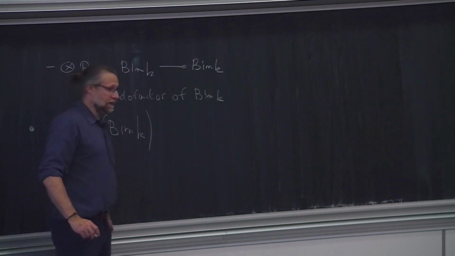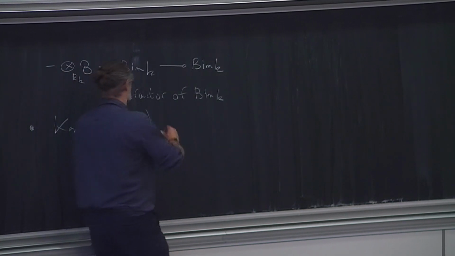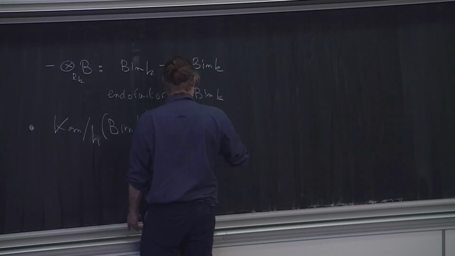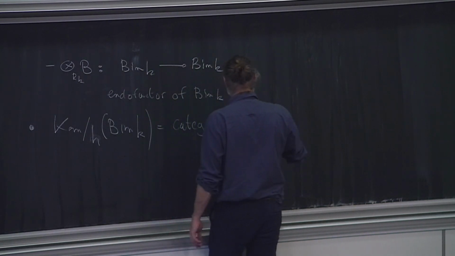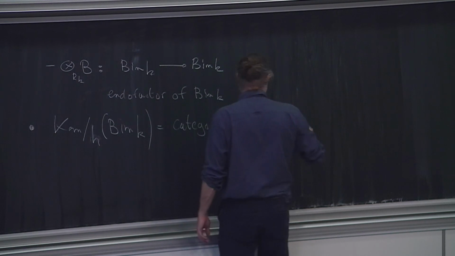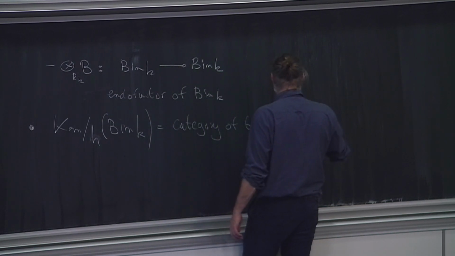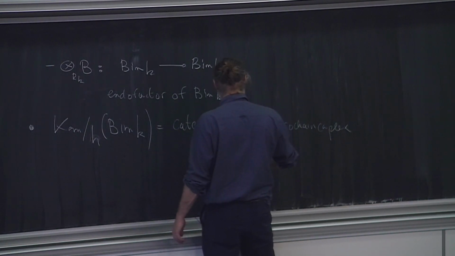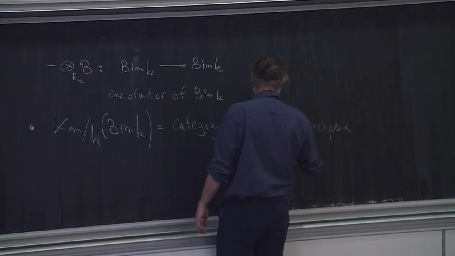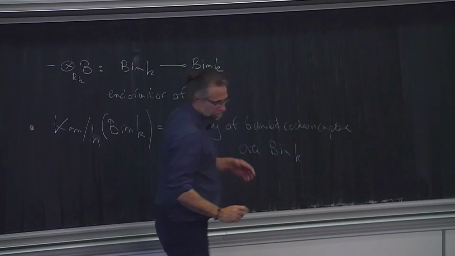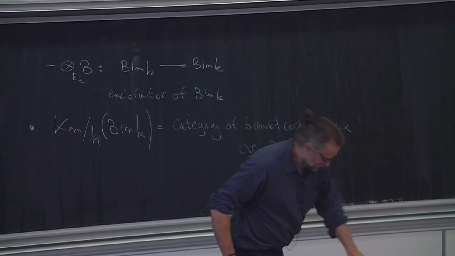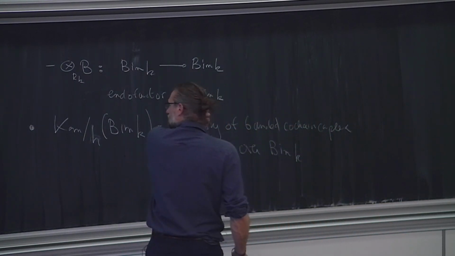And just to make our life easier today, these are bounded complexes. So this is a category of bounded cochain complexes over BMK. Very good. Fine.